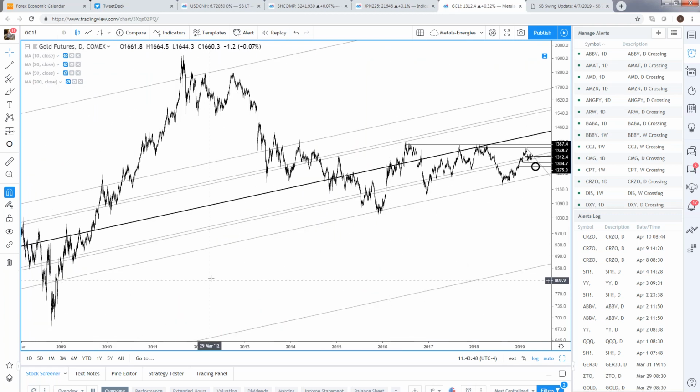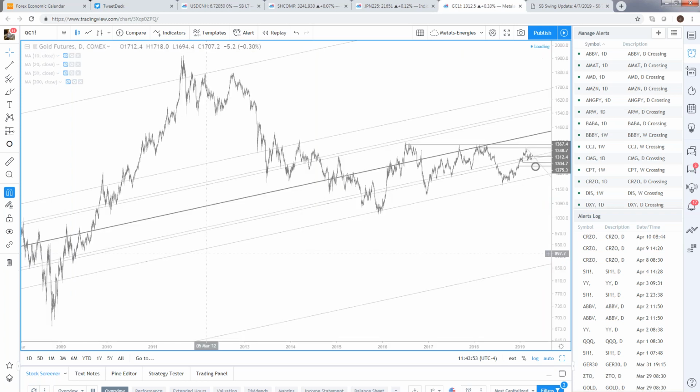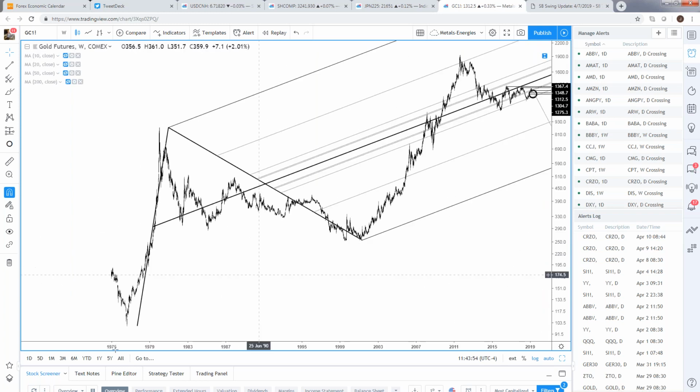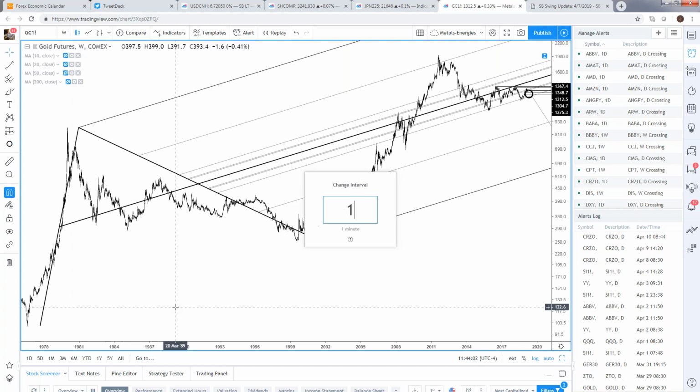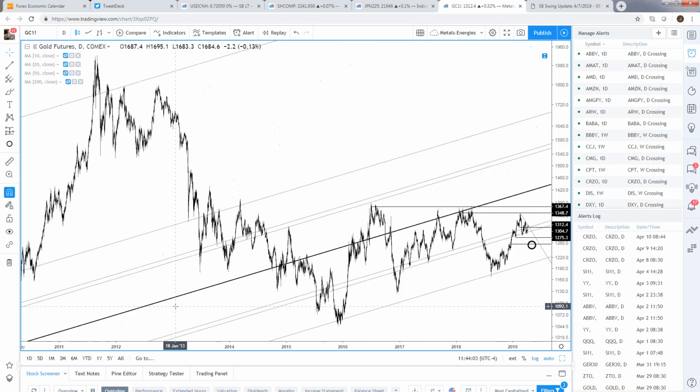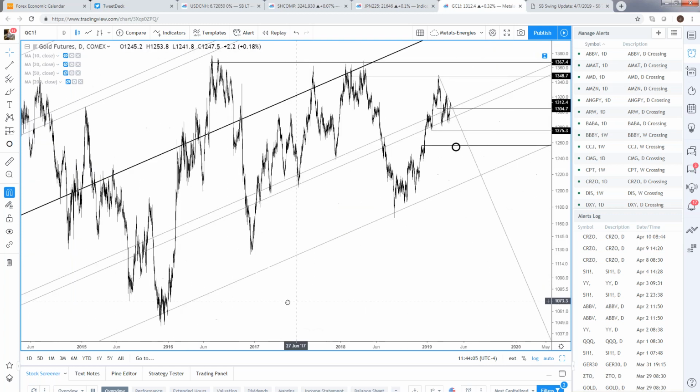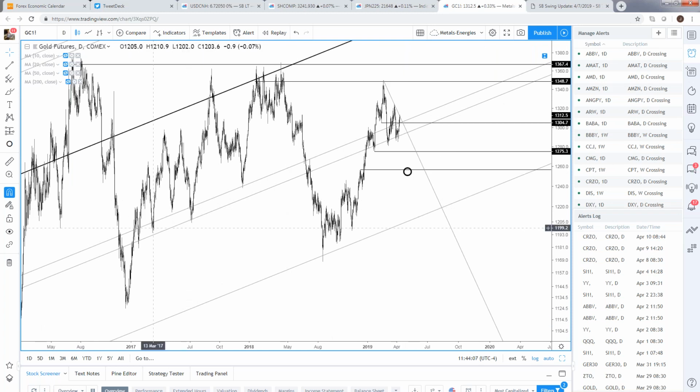All right, so you see these parallels here? These are parallels that are based on all the way back to the 1970s, the '76 low, all right? So if I zoom back in, with these parallels we've seen pretty good action over the last 2 years off of these, right?